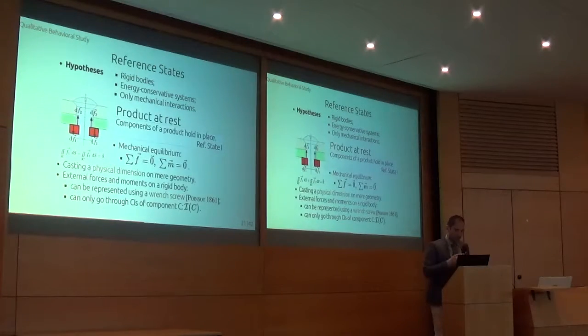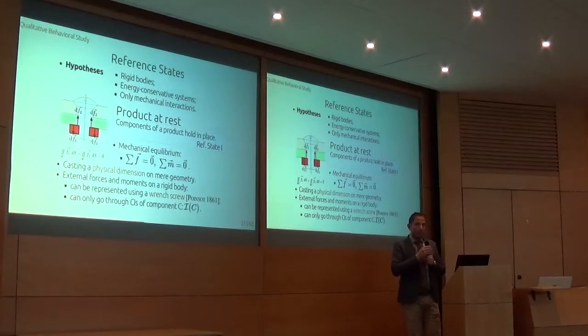Now, the first reference state regards the product at rest, and it asserts that components of a product hold in place. This can be formalized using mechanical equilibrium equations, and this statement actually casts a physical dimension on pure geometry.